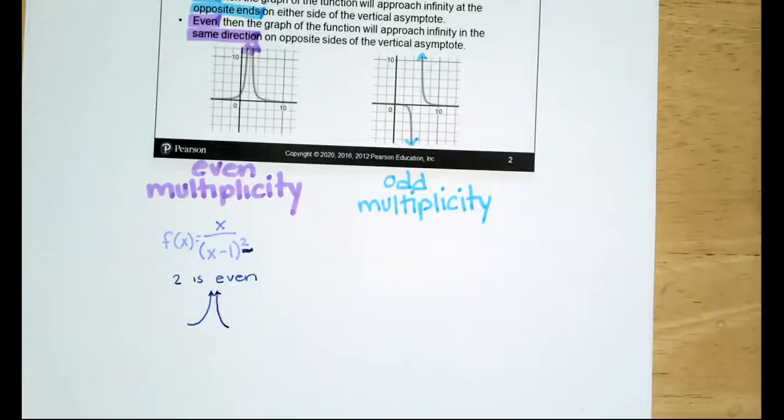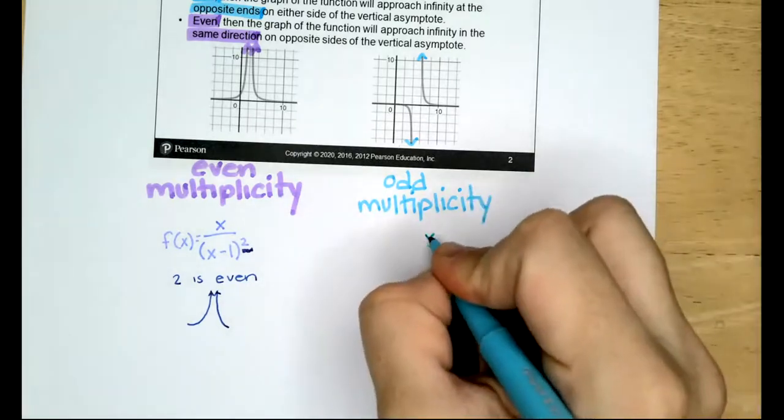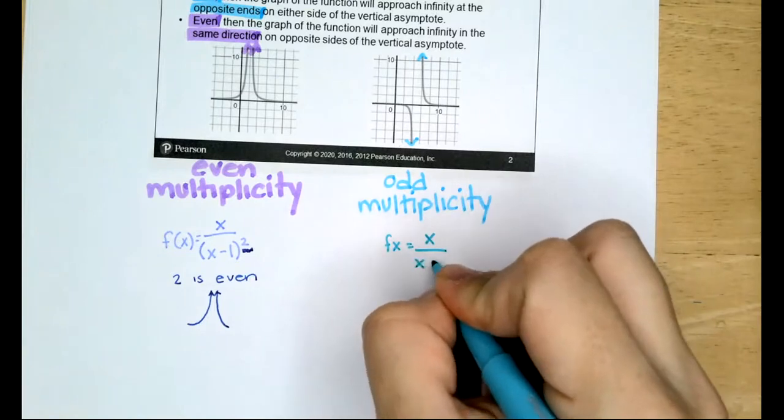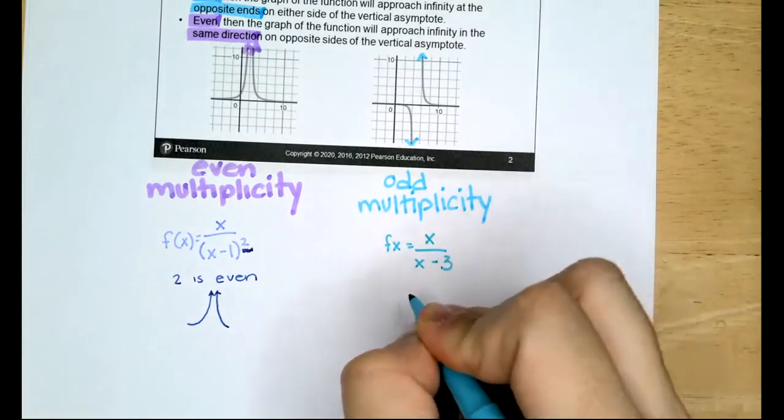And then an odd multiplicity might be f of x is x over x minus 3.